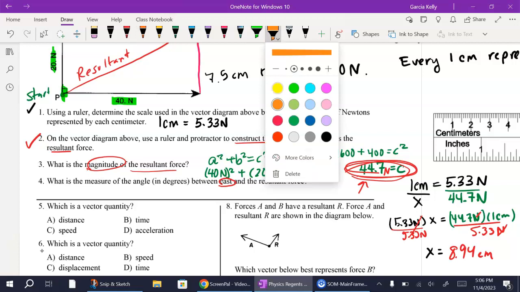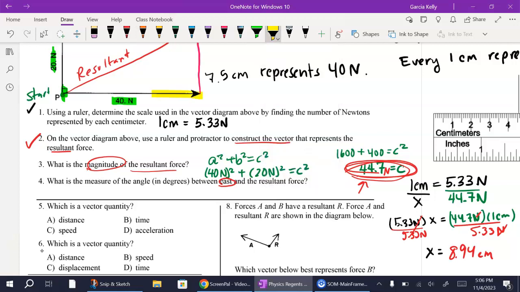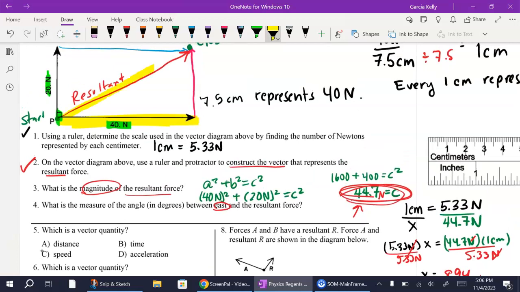Okay, next we're going to have to measure the angle between east and my resultant. So let's see, east is this one, and my resultant, this one. So I'm looking for this angle right here. What you'll notice is I don't have a protractor, so I can actually use some trig.